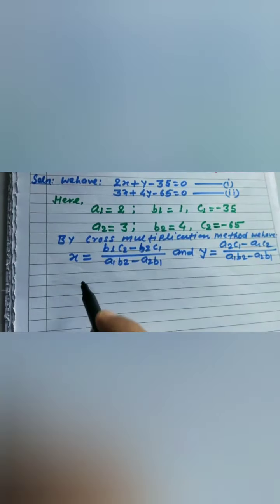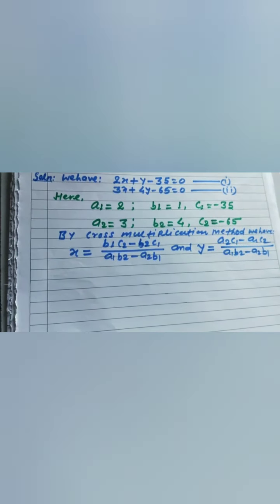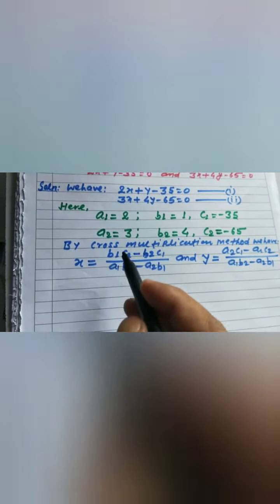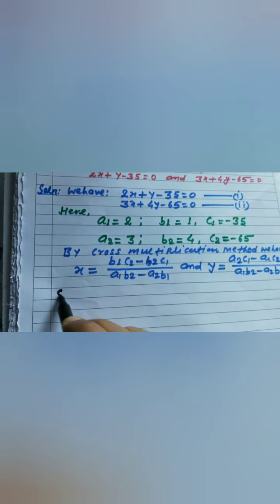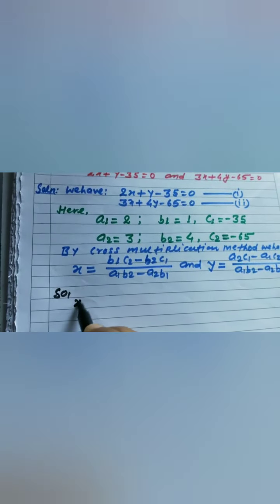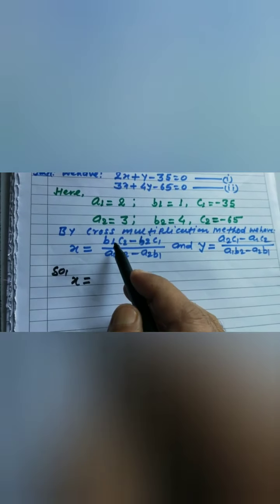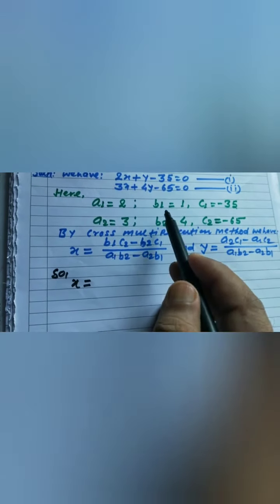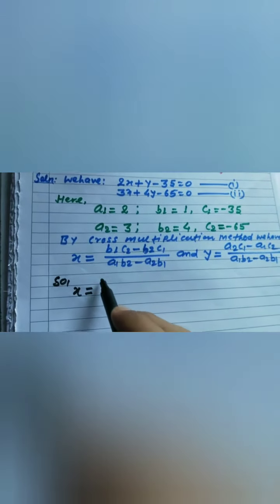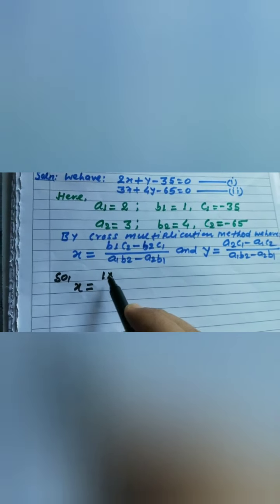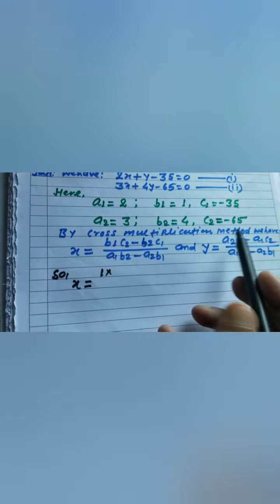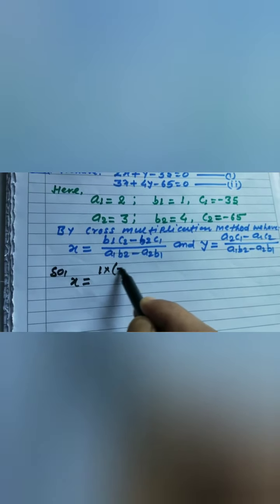Now you have to find the value of x and y one by one by putting in all these values. So your x will be equal to, now put the value of b1, which is 1, into c2, and the value of c2 is minus 65.